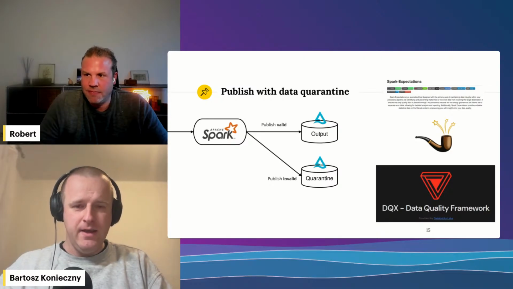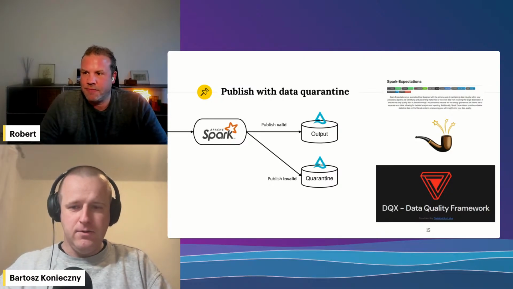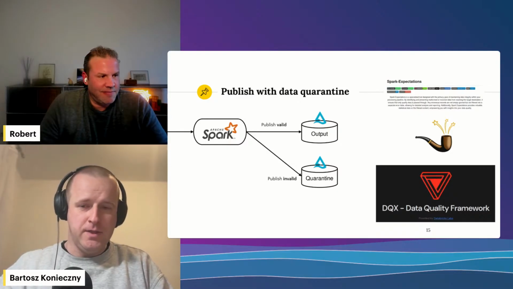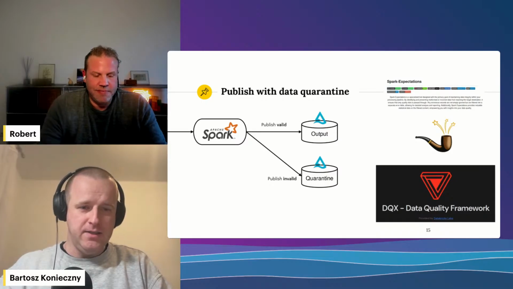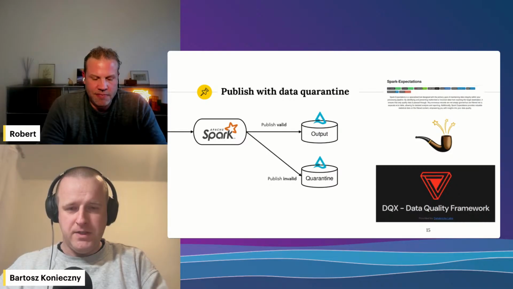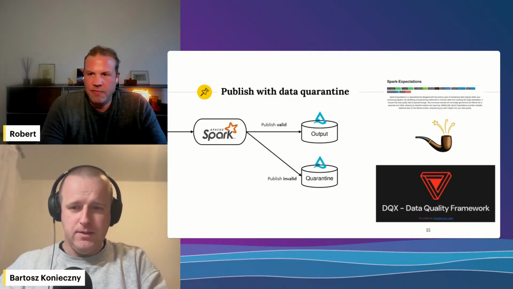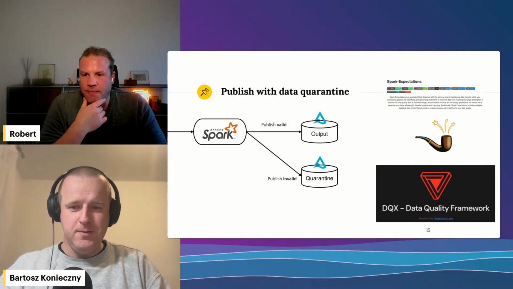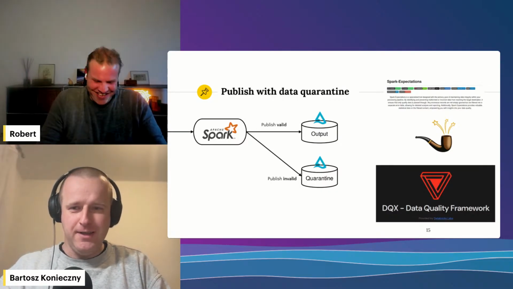And thankfully for you, there are two great open source community frameworks that are there to support you in this task: Spark Expectations by Nike and DQX by Databricks Labs. They are pretty well integrated with Apache Spark and the Databricks platform as well. So there is no reason to not use them, or at least to not try.